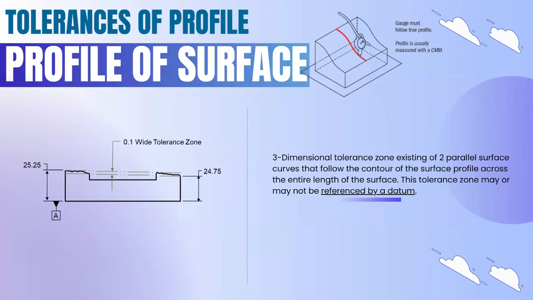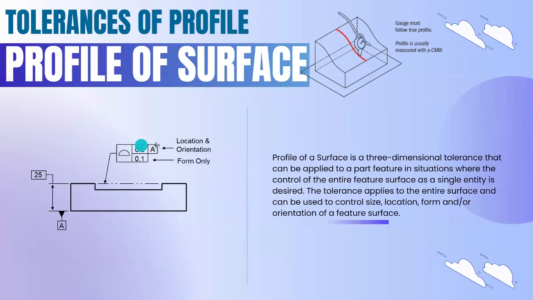It is a three-dimensional tolerance zone consisting of two parallel surface curves that follow the contour of the surface profile across the entire length. This tolerance zone may or may not be referenced by a datum. So the datum can be given, and sometimes they will not give a datum. What is the difference?